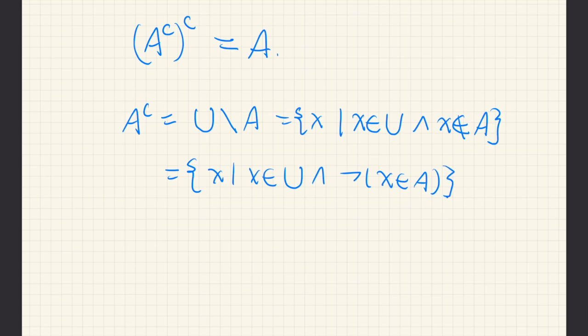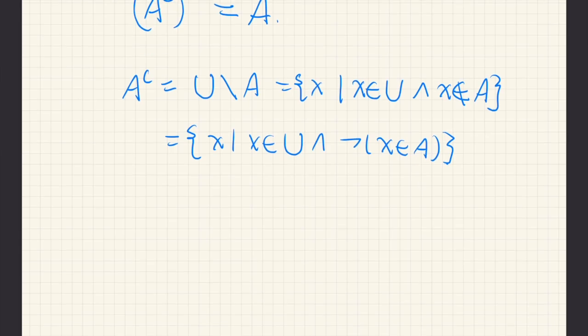Now next we want to consider the complement of A complement. So what does this mean? According to the definition, we now consider the complement of A complement, this one, right? So U set minus A complement.